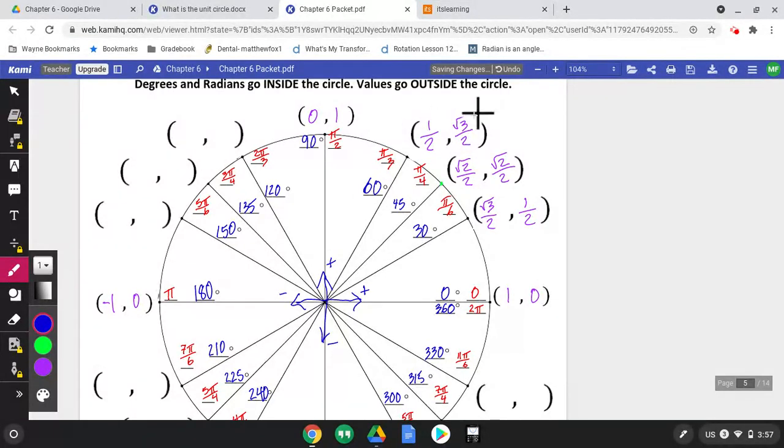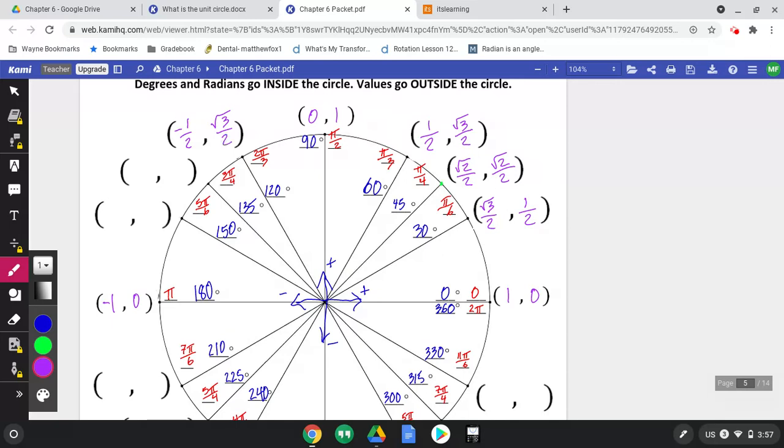So up here in quadrant 1, this first quadrant, all of these are positive, both your x and your y's. When we move over to quadrant 2 here, this point will reflect over here. It's going to be the same values, except the x, instead of positive, will switch to negative. Okay, so if we think about it, it will be negative 1/2, and then square root of 3 over 2.